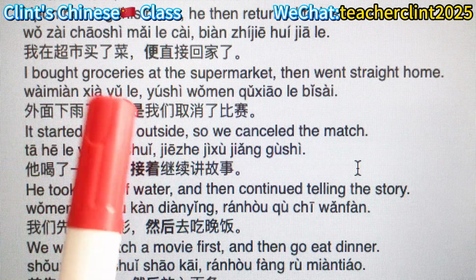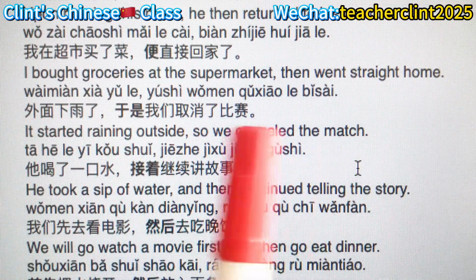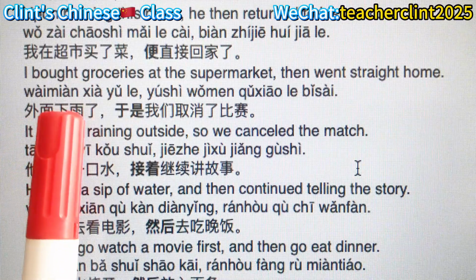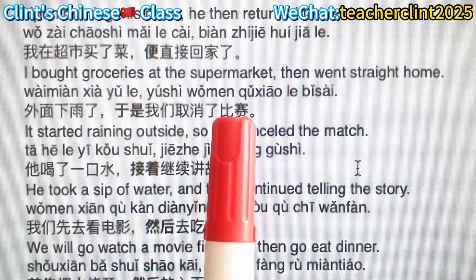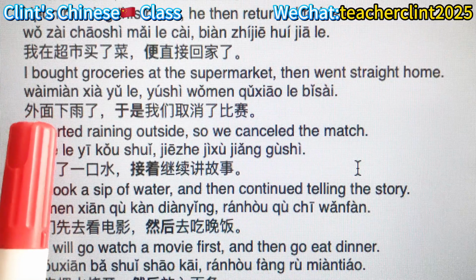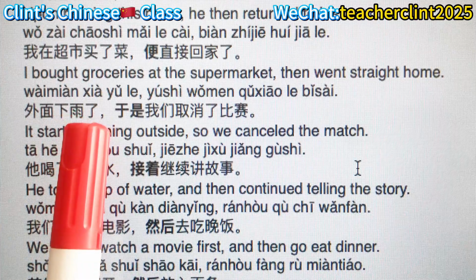So in this compound sentence, it started raining outside, so we canceled the match. 外面下雨了，于是我们取消了比赛。外面 outside show the location. 下雨了 falling rain, right?